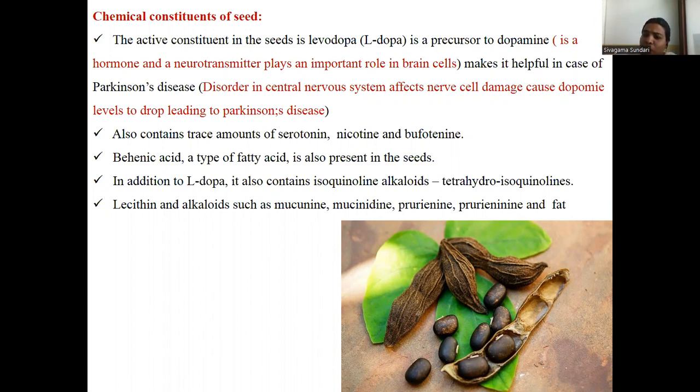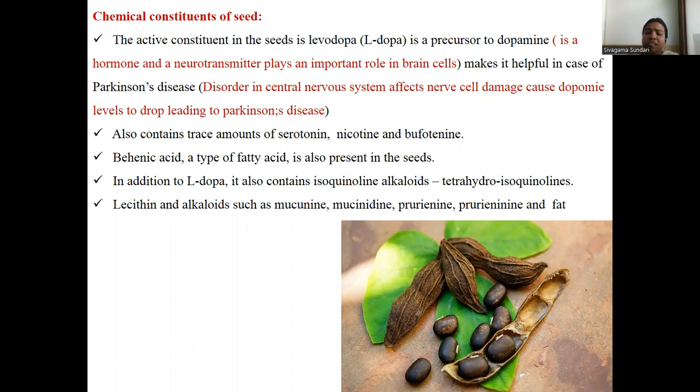Dopamine is naturally present in the human nervous system, and it regulates nervous system impulses and other related functions properly. If the dopamine level comes down in the brain, a disorder arises, which we call Parkinson disease.